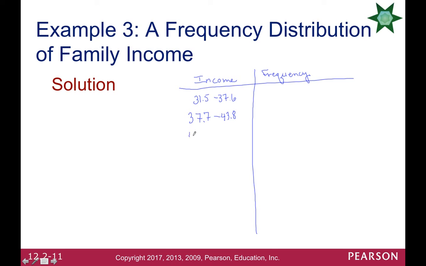And the next one up would be 43.9. And then I add that class width of 6.2 to that, and I get 50.0. The next one up is going to be 50.1, and if I add 6.2 to that, I get 56.2.